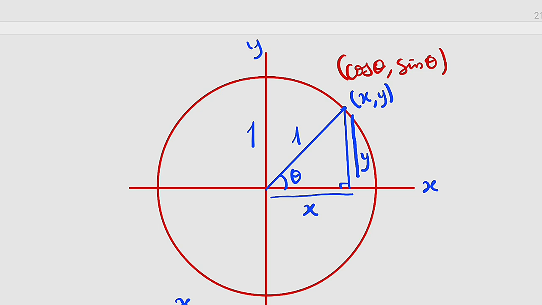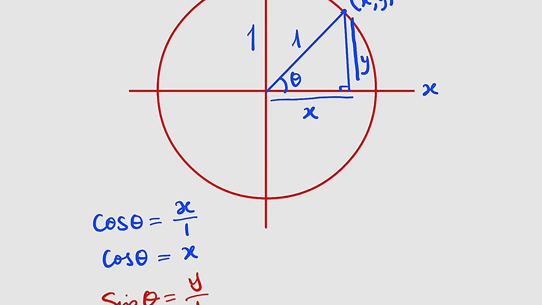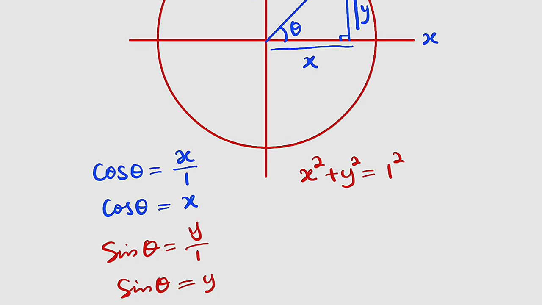All right, so now let us derive something very important here. Since we have seen that this is a right angle triangle, according to the Pythagoras theorem, x squared plus y squared is equal to 1 squared. But we have seen that x and y can be replaced with cosine of theta and sine of theta respectively.